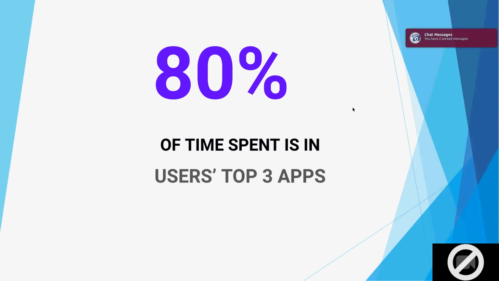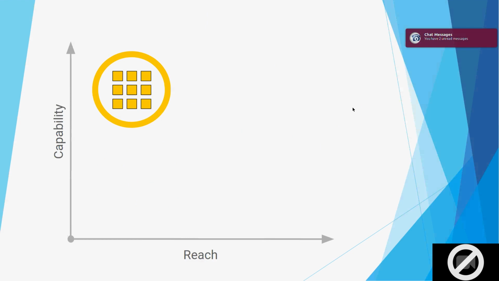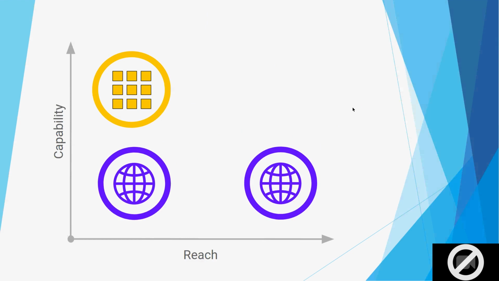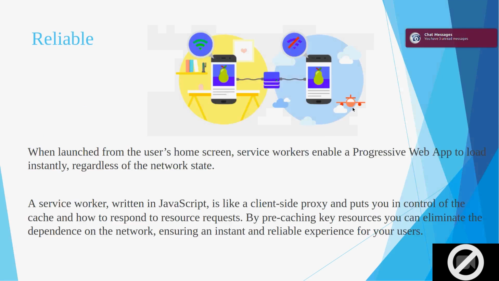The user spends most of the time on apps, of which there are very few. But the reach of the web is more than that of apps, while the capability of apps is much more than the web. So the progressive web app came in to reach the heights of native apps. That's when the vision of PWA came. So that's what I'm telling as of now.